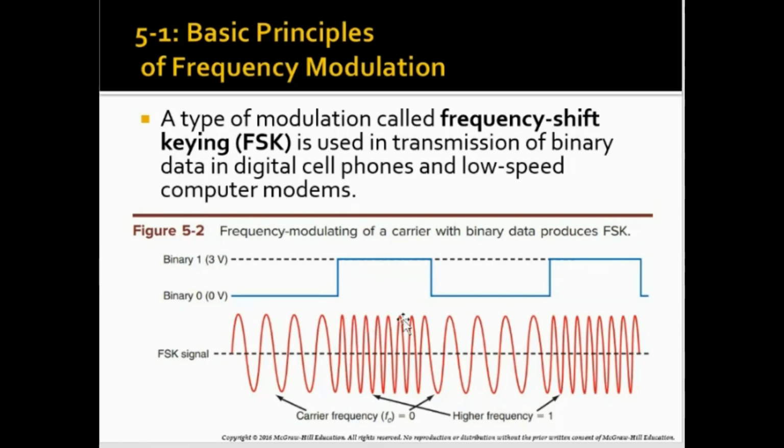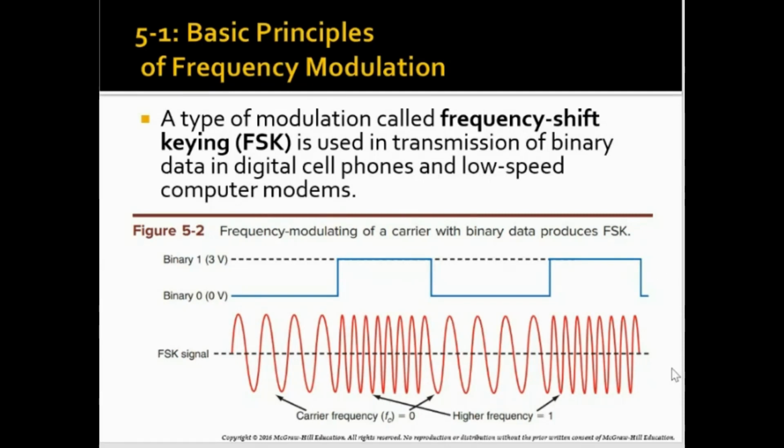So if you look here, you have only two frequencies. We call this frequency shift keying, which is used in transmission of binary data in digital cell phones and low speed computer modems.